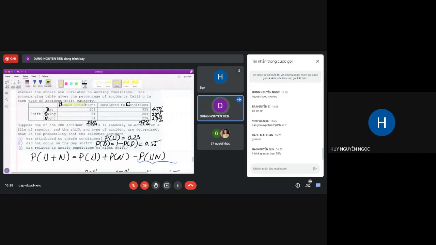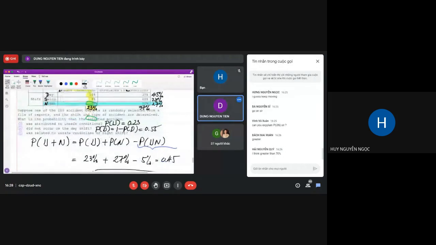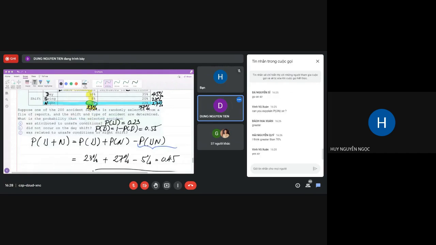And this is N. So basically, you can see that this is the value that you want to use, 5%. That's why it is 5%. Is that clear? Is that okay? Is that fine?